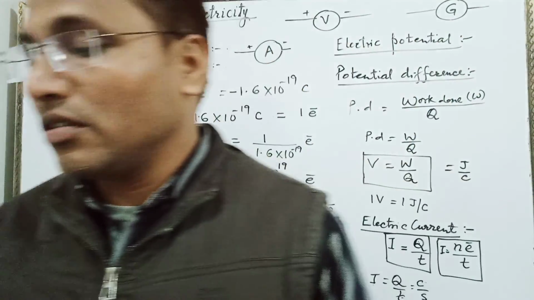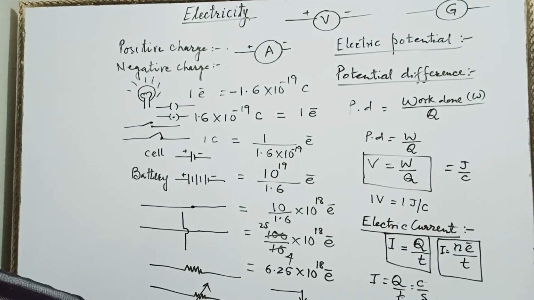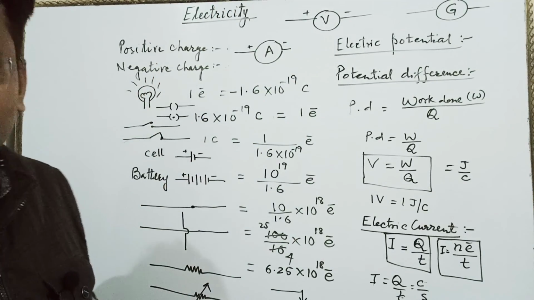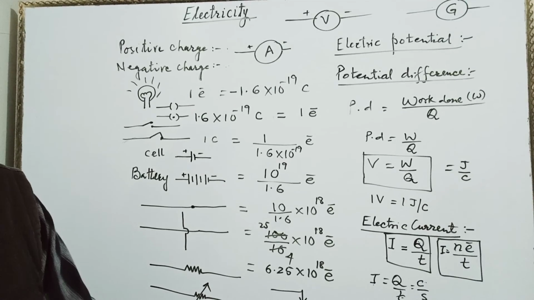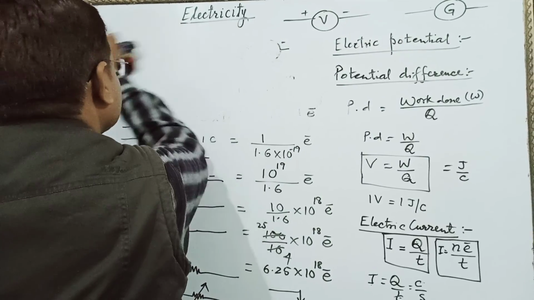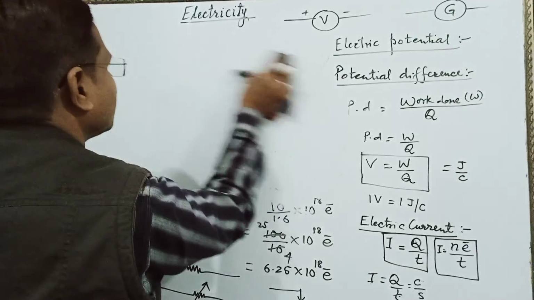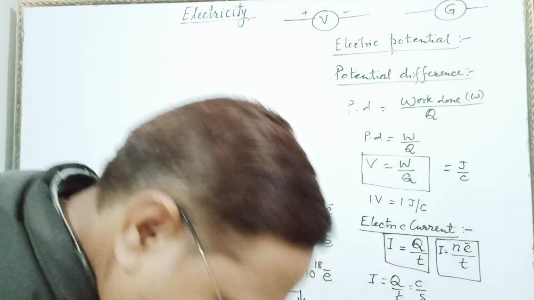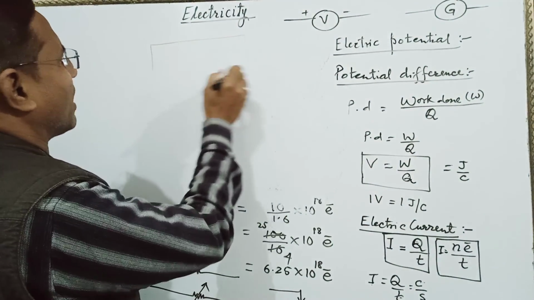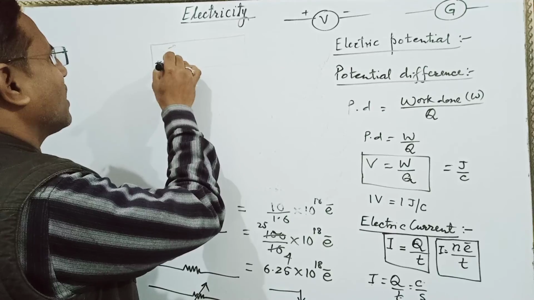Now we have how the electric current flows in a wire. When electric current is not flowing through a wire, let me rub this part. When electric current is not flowing through a wire, then the electrons in this wire are going in any manner.